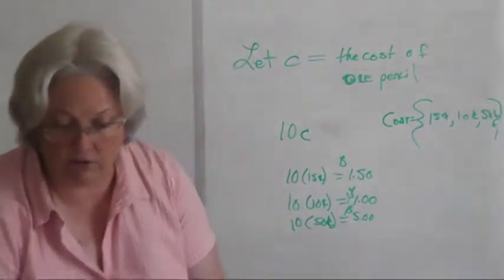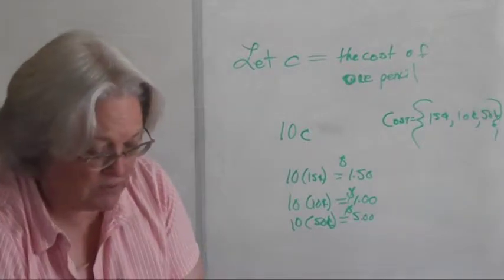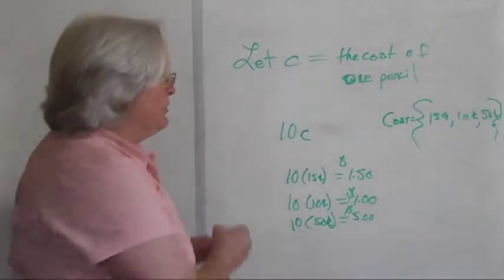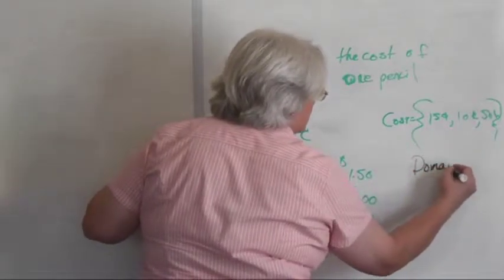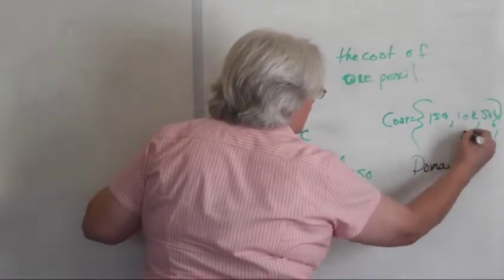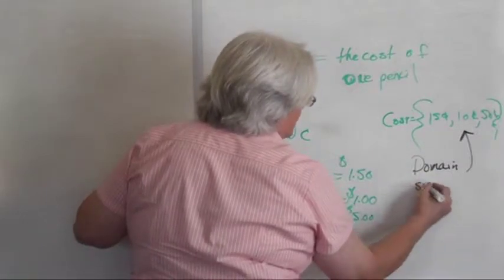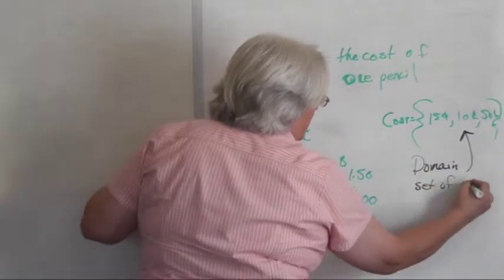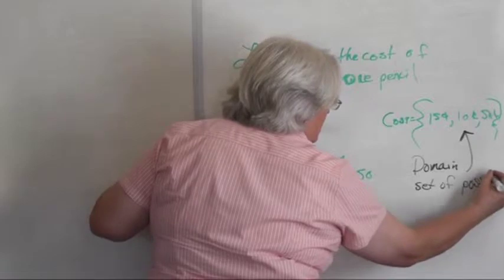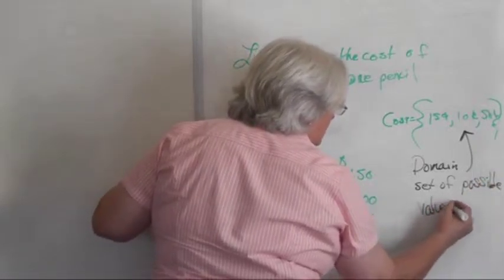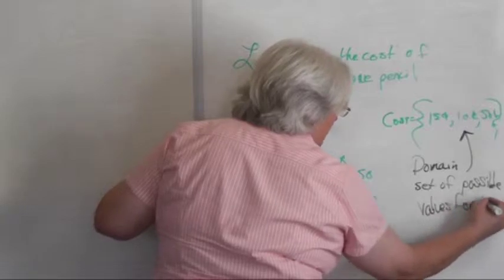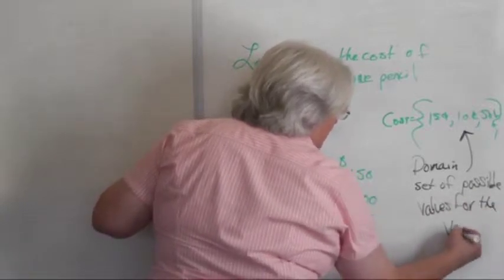Remember, you have got to know this vocabulary. The domain is the set of possible solutions, possible values. So I'm going to say the set of possible values for your variable.